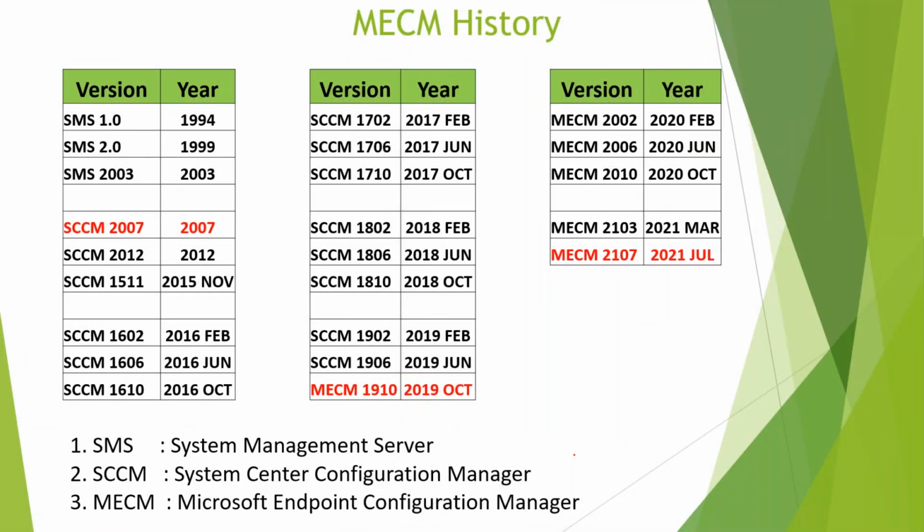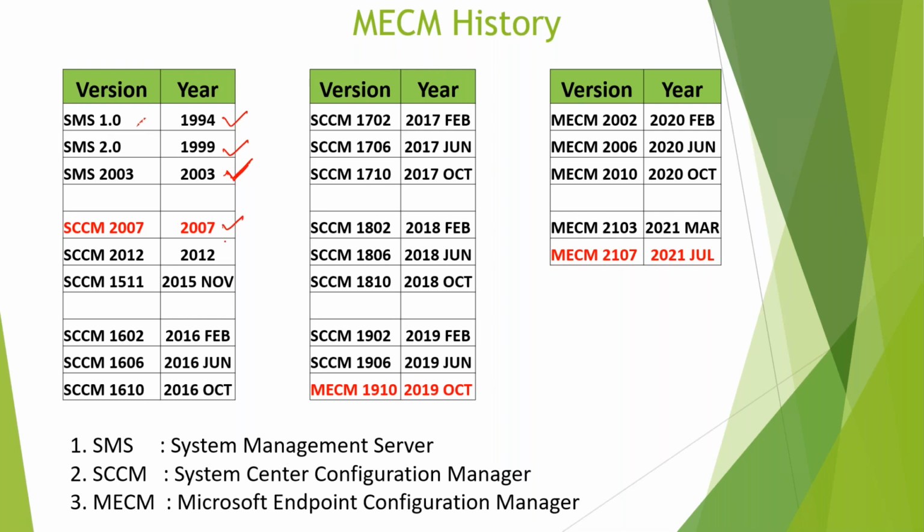Now let's talk about the historical background of SCCM, when this product started and what versions were released by Microsoft. As you know, this product is from Microsoft. Microsoft started this in 1994 and gave it the name SMS, System Management Server, SMS 1.0. Then in 1999, they released SMS 2.0. Then in 2003, they released SMS 2003.